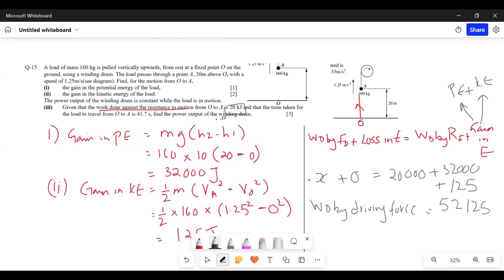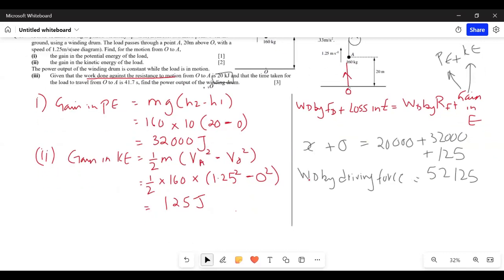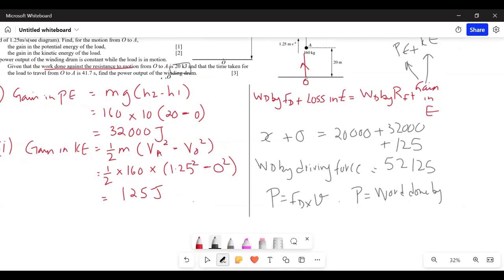अच्छा, अब पावर पूछिए और पावर के लिए ना टाइम गिवन है. तो अगेन पावर के 2 फॉर्मूलाज होते हैं. एक होता है ड्राइविंग फोर्स इनटू स्पीड, और एक होता है वर्क डन बाय ड्राइविंग फोर्स अपॉन टाइम. So we'll use this formula because we know the work done by driving force and we're given the time.